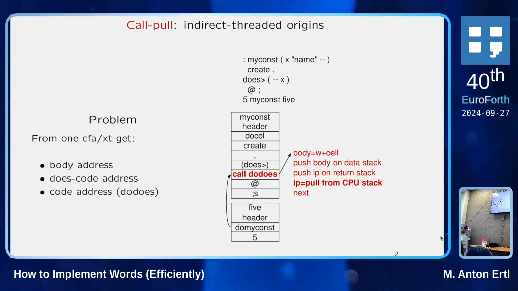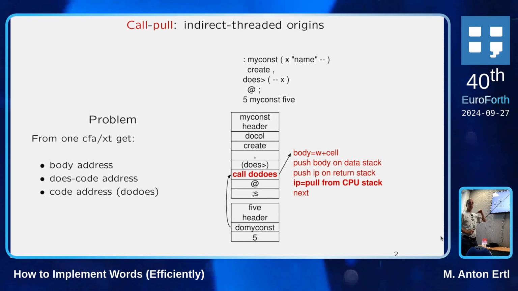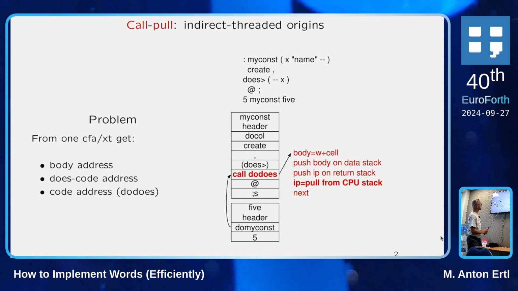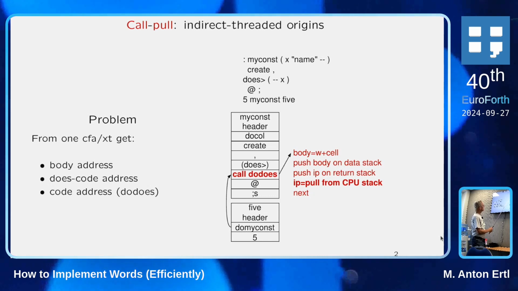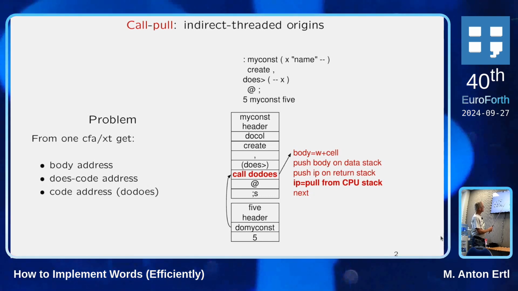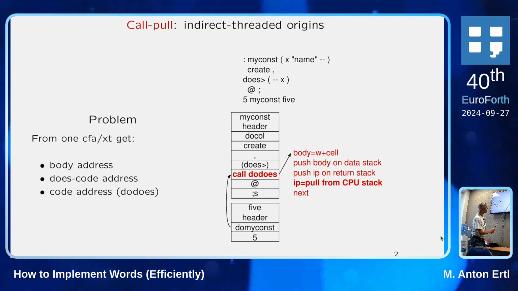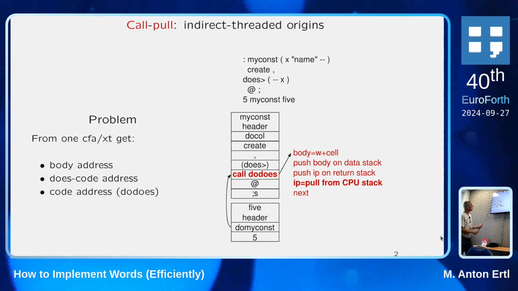And in the good old days of indirect threaded code, when we had a definition like this, we had something that worked somewhat like a constant, but we can actually modify it, so we can't inline the number. And we define such a constant. This would look like this.